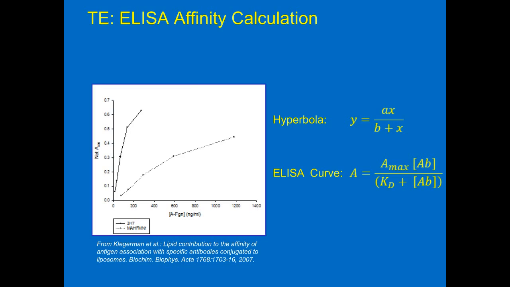That's based on the assumption that the optical density of the colored product of the enzymic reaction is directly proportional to the binding, and we have validated this with other methods, with a radioimmunoassay technique, which is in many ways the gold standard for affinity measurements.